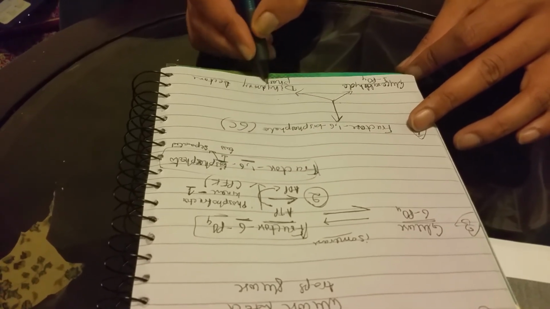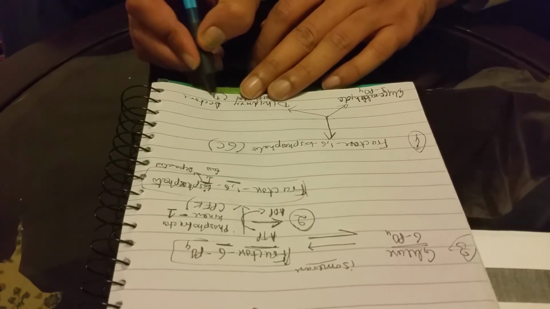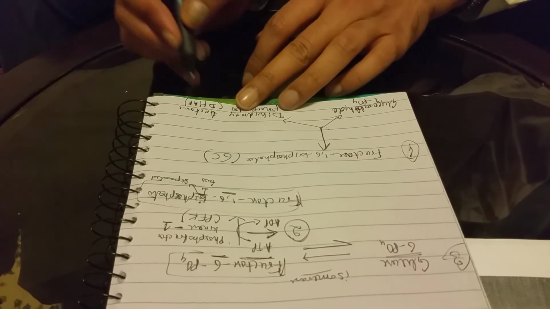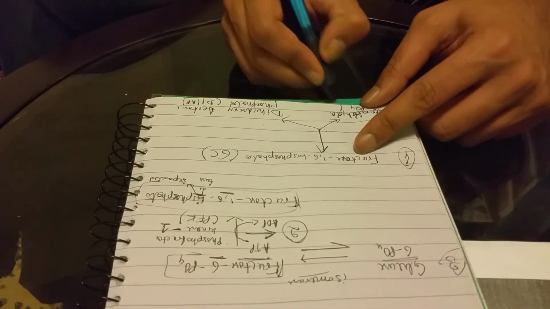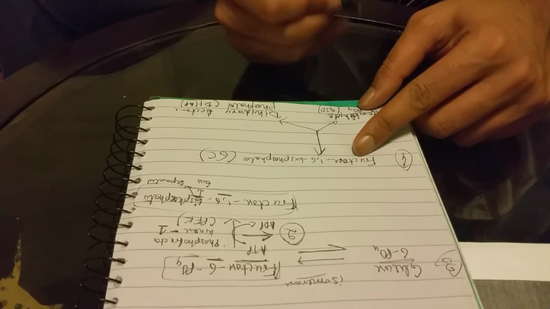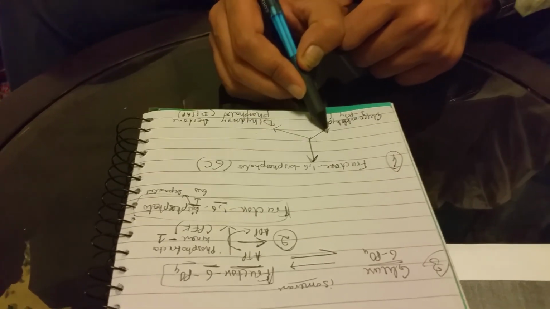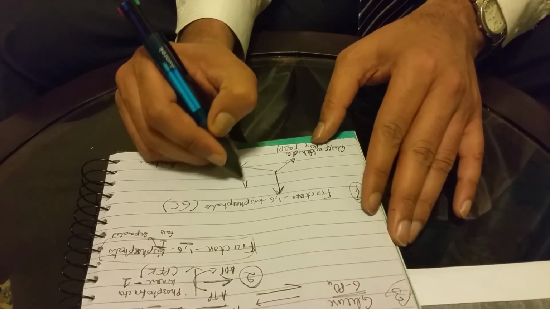In biochemistry we are fond of making short words, so this is also called DHAP, and we say G3P. Okay, and see that I have placed arrows on both sides. It means this is reversible. And the enzyme is called aldolase.